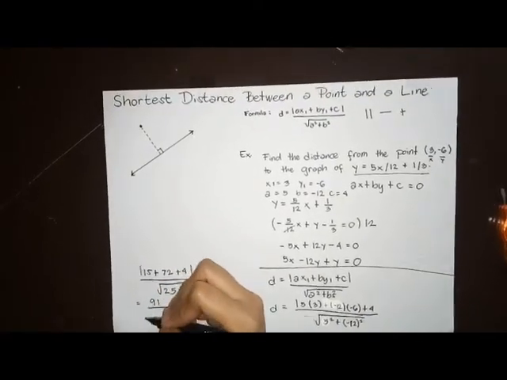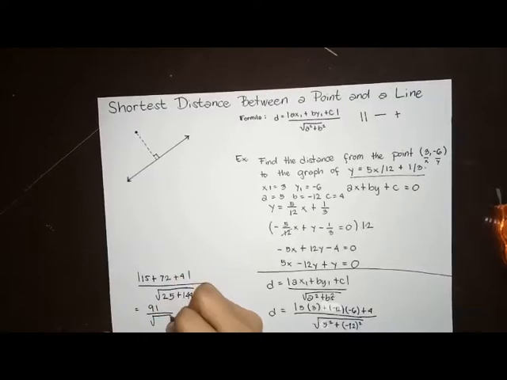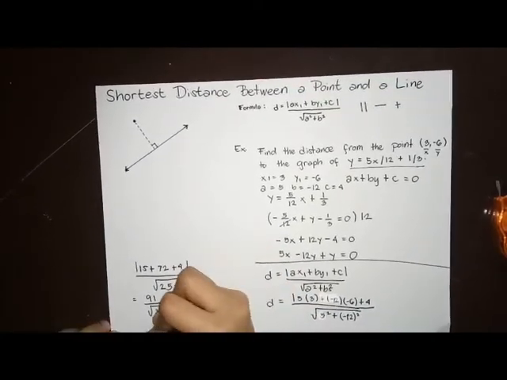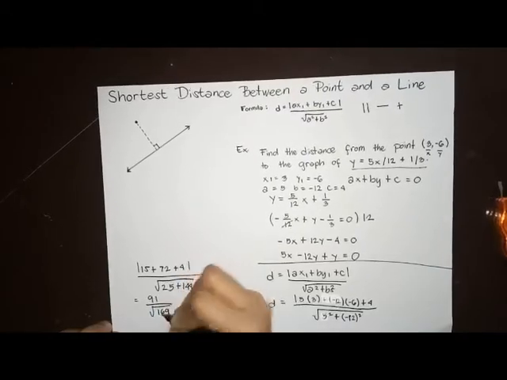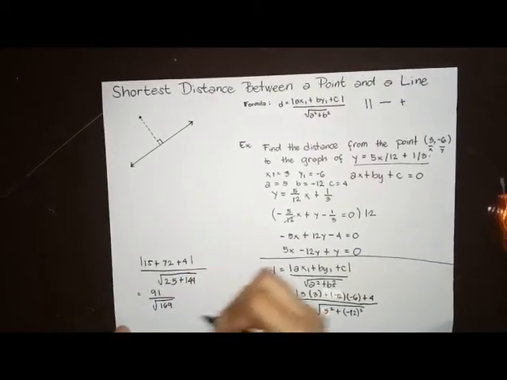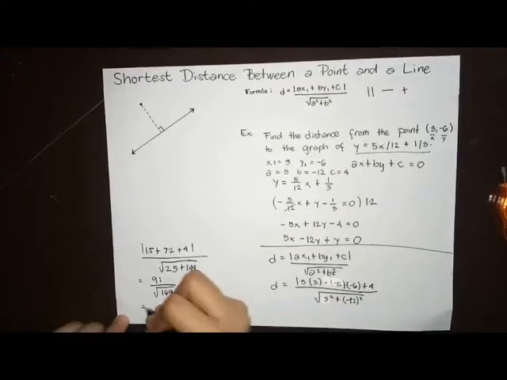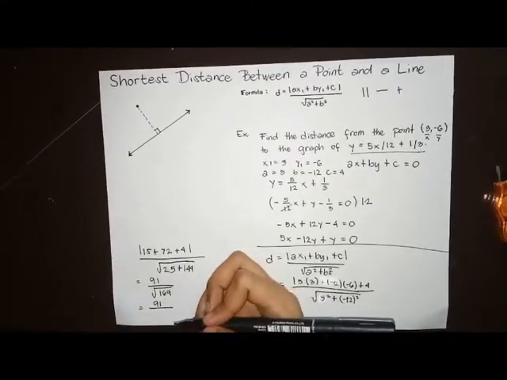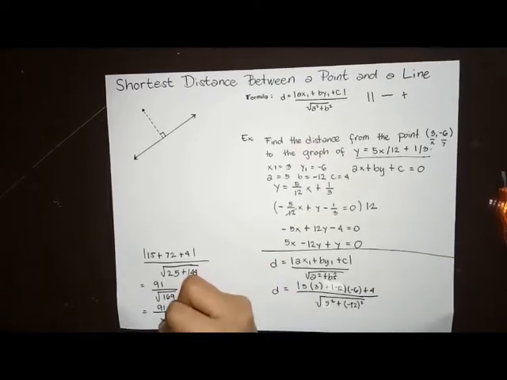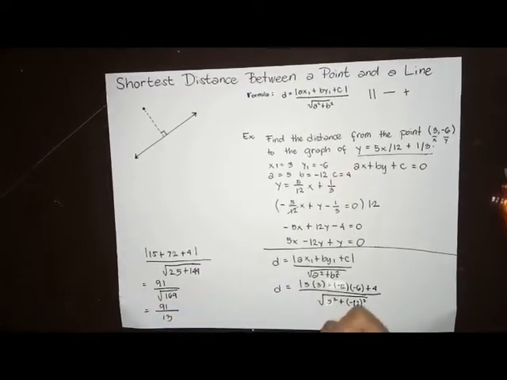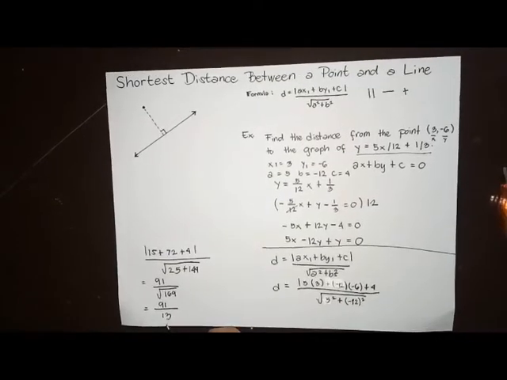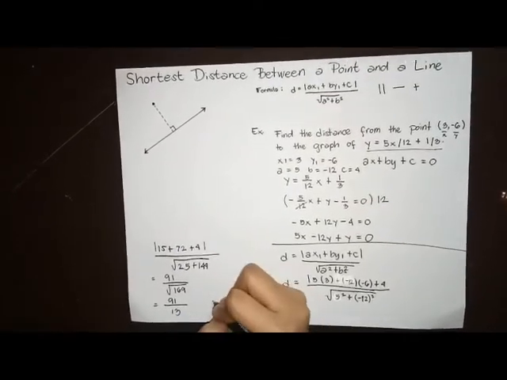And 25 plus 144 is 169. And the square root of 169 is 13. And 91 divided by 13 is 7.